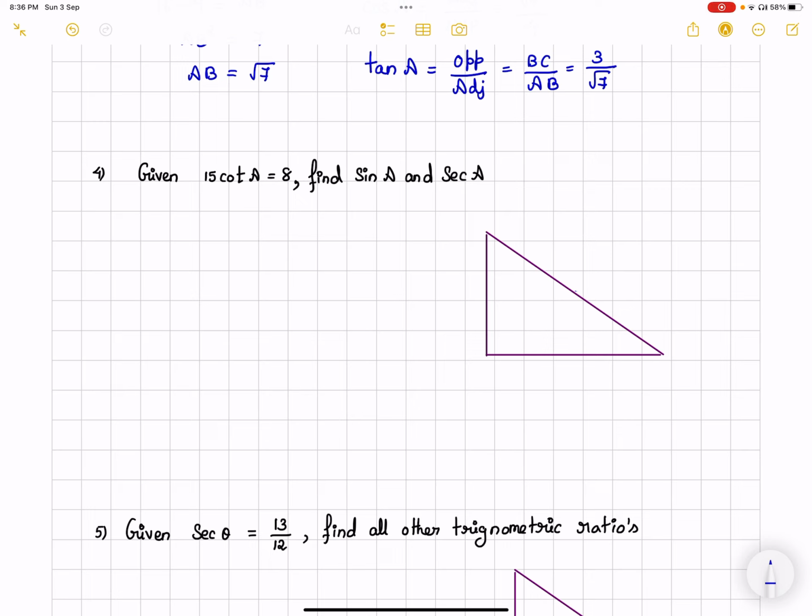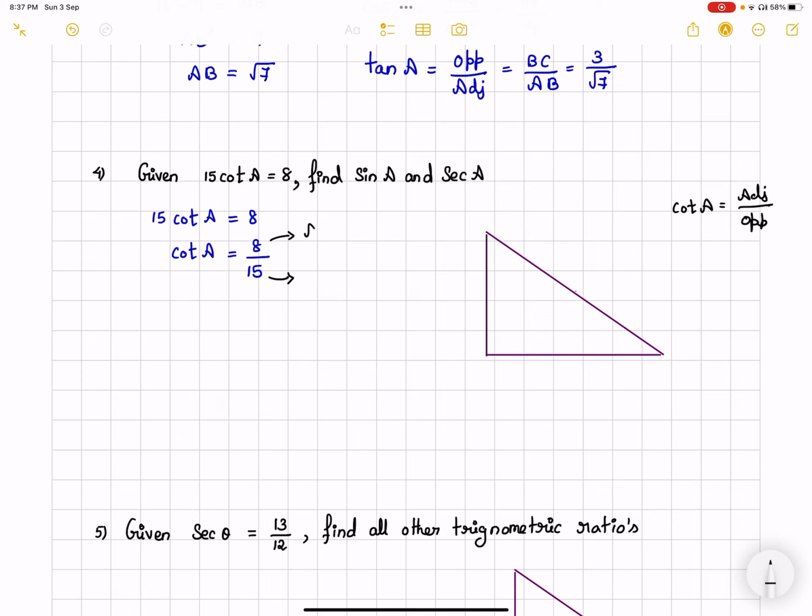Fourth one. So here they gave me 15 cot A is equal to 8. Then what would be my cot A? Cot A is equal to 8 divided by 15. Now 8 divided by 15, what is my 8 and what is my 15? Cot A, what is the definition? Cot A is nothing but adjacent side divided by opposite side.